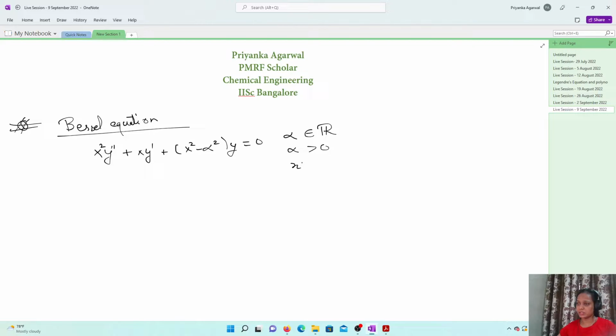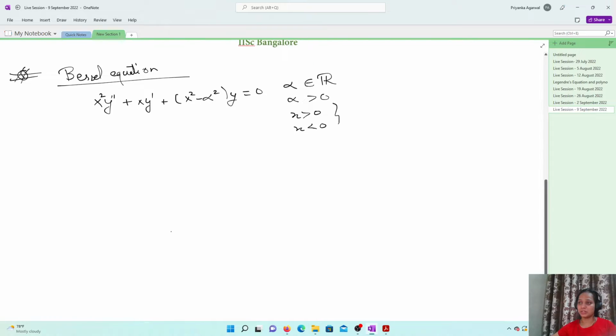So here x is either greater than 0 or less than 0, because x equal to 0 is not defined. And we know that for this, x equals 0 is a regular singular point.